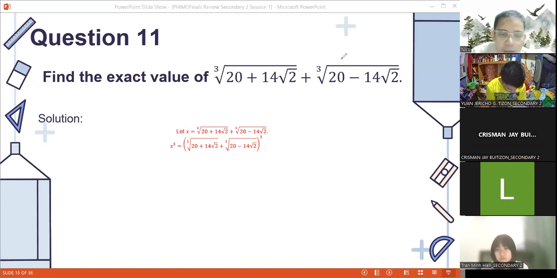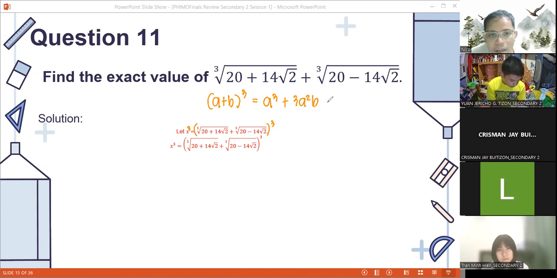Then after, this becomes what? What do you remember? You have (a plus b) cubed, which is a cubed plus 3a squared b plus 3ab squared plus b cubed, right? So this one will become your a and b values, correct?